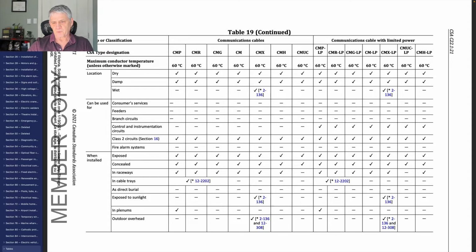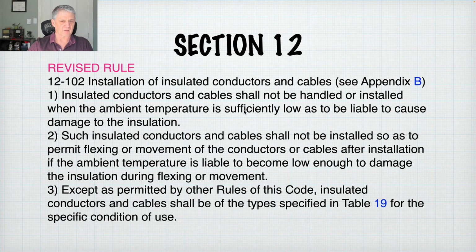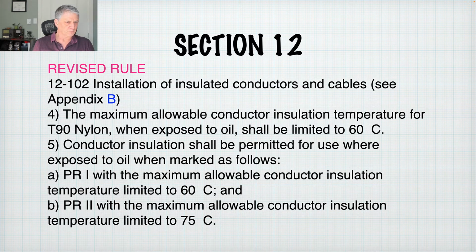All right, let's go back. I just wanted to get sidetracked there for Table 19 for just a moment. And so the maximum allowable conductor insulation temperature. So the change in this rule is more about Table 19.